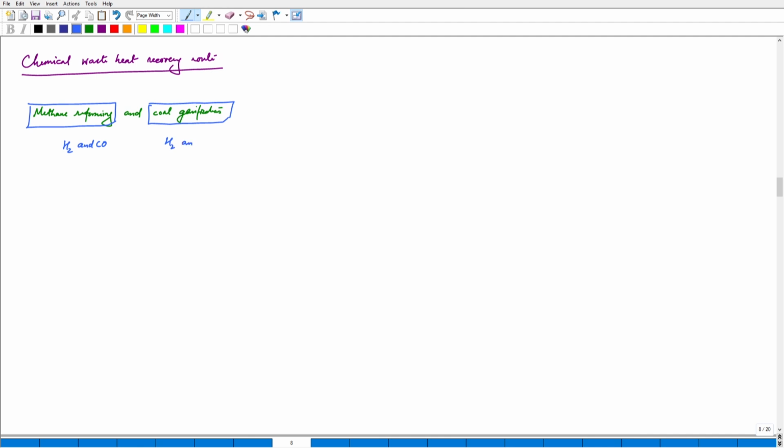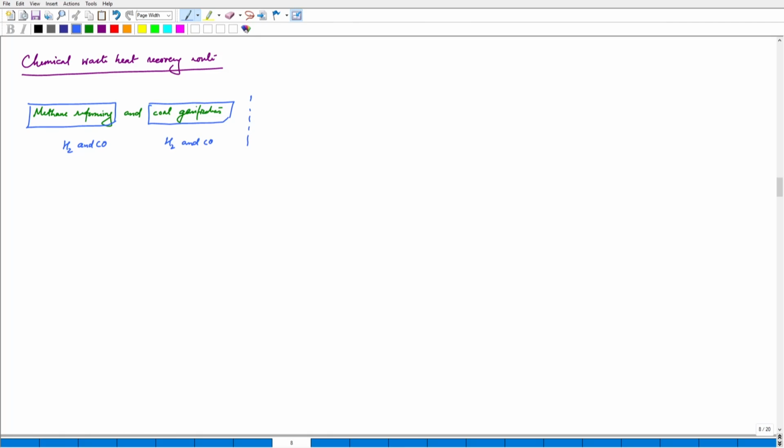H2 and CO, in this case, it is called syngas also. So these are the two important routes for waste heat recovery, and the heat generation is significantly very large compared to the thermal route. So when we think of direct heat recovery, the thermal route compared to the chemical route, we can easily compare that.